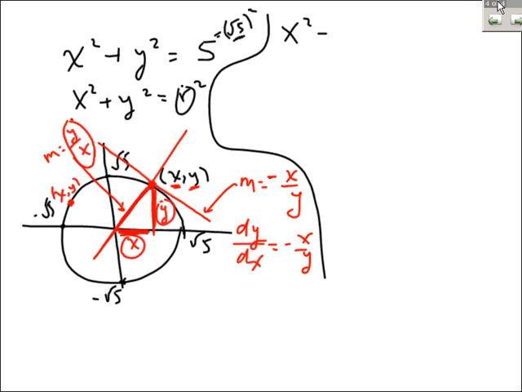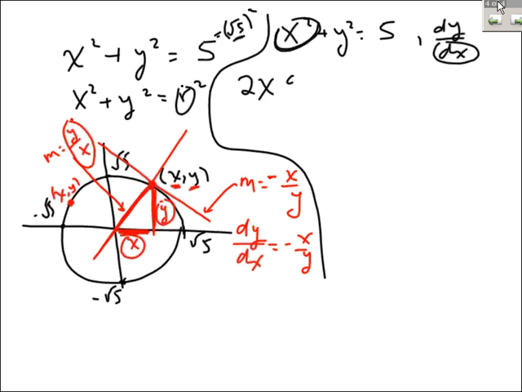X squared plus y squared is equal to 5. And you're asked to find dy dx. Okay, find dy dx. That is, we're taking a derivative with respect to x. Okay, the derivative of x squared is 2x. That's clear. This is what we're taking the derivative of.